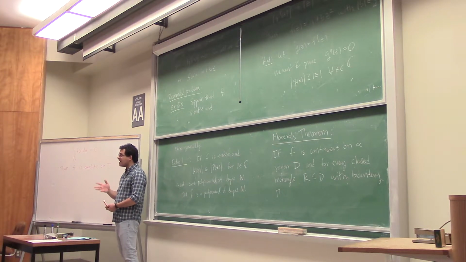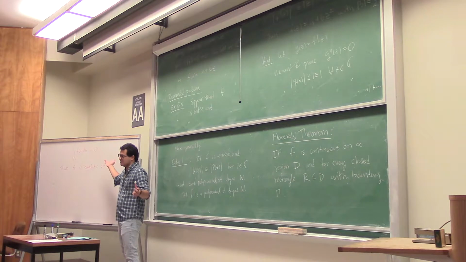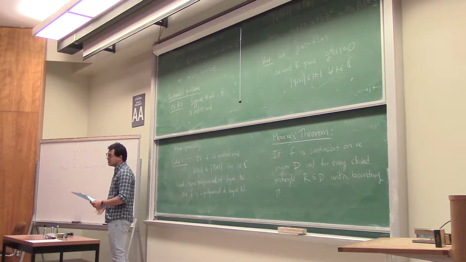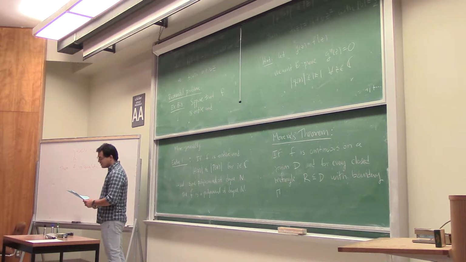It says that it is enough for the hypothesis of the rectangle theorem to be satisfied: that holds if and only if the function is analytic. The proof is extremely easy.